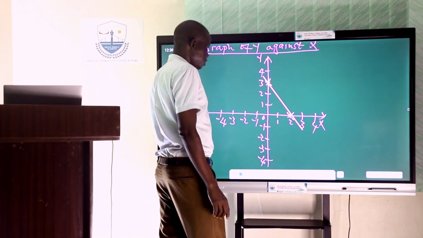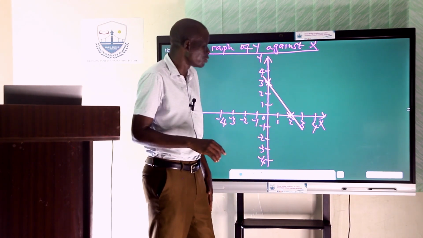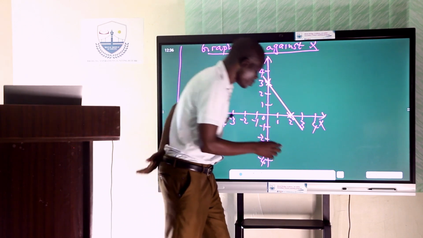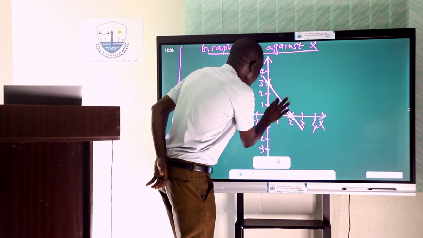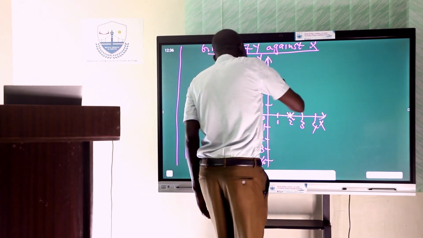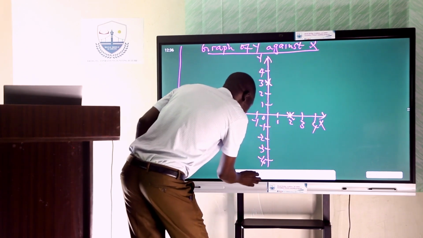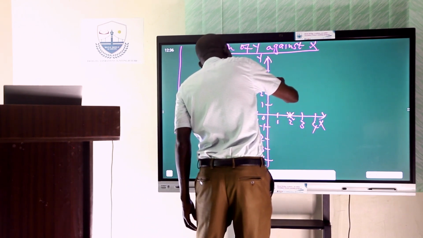But this straight line should be in dotted form because we had a less than sign. So we want to put it in a dotted form. So our straight line will be in this form. It has to be in a dotted form.